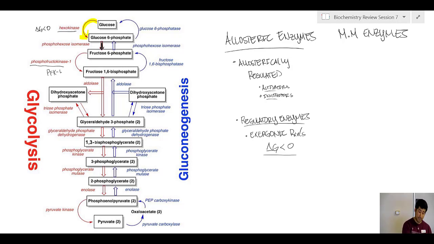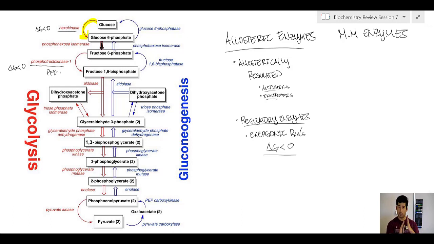And remember, we said in class that this was a regulatory enzyme, which means that its delta G is less than 0. These are important things for you to keep in mind. If you have a regulatory enzyme, the delta G is going to be less than 0, which means that it's a very favorable step. Versus the reactions by phosphohexose isomerase, which are reversible, which means that the delta G is somewhat close to 0, which kind of makes the reaction favorable and non-favorable.